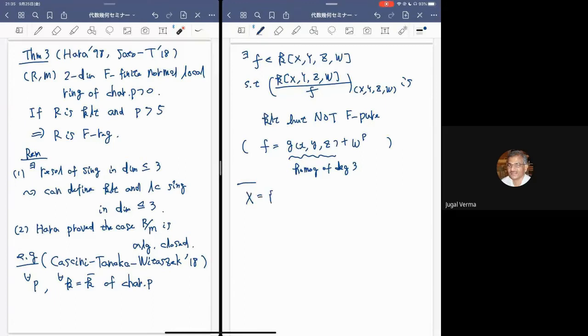From now on, X is the zero locus defined like this: F_i(a_1, ..., a_n) equals 0, for i from 1 to r, where F_i is a polynomial.